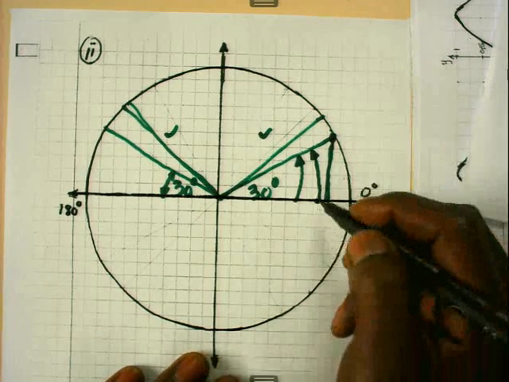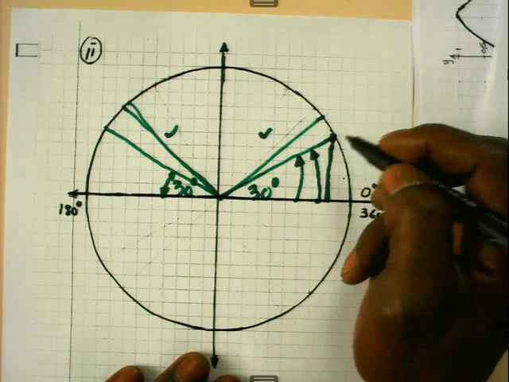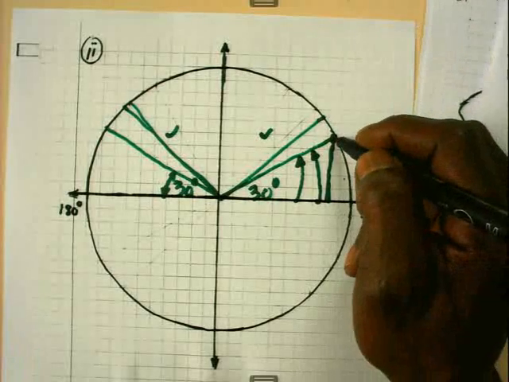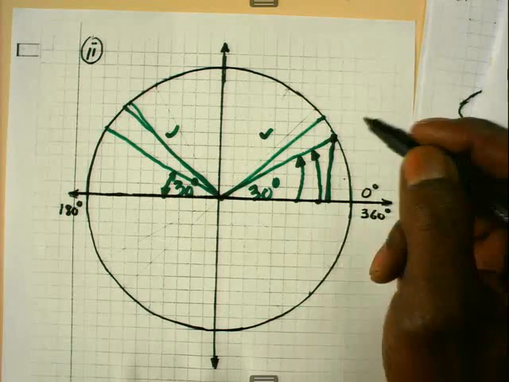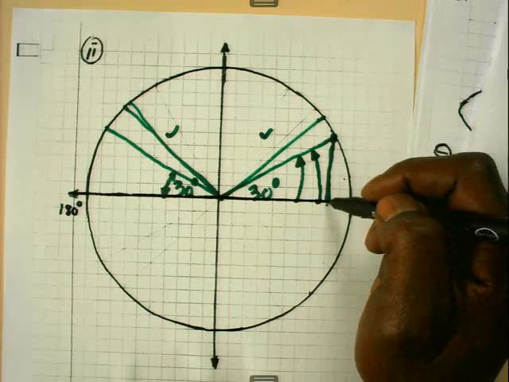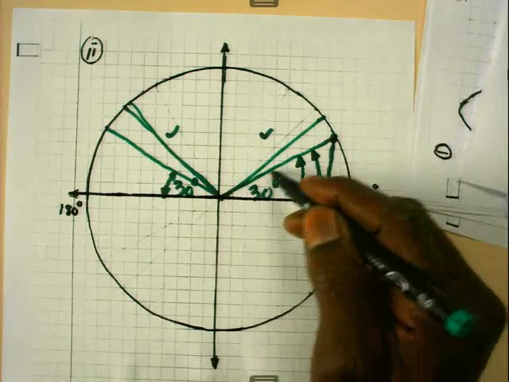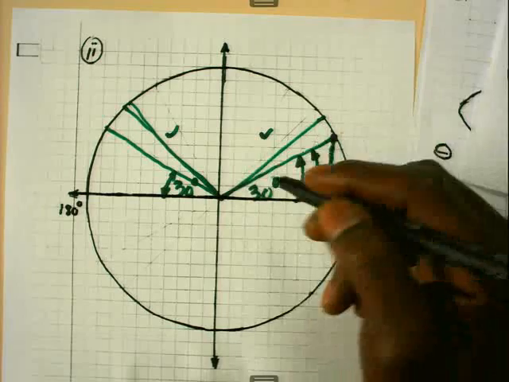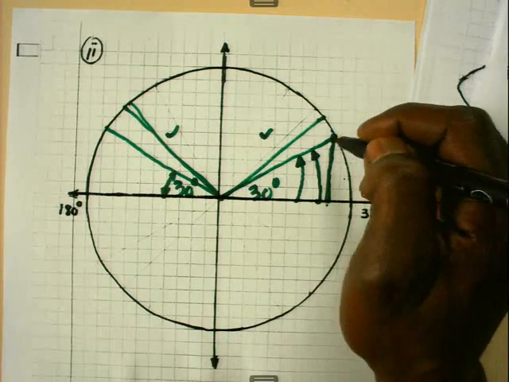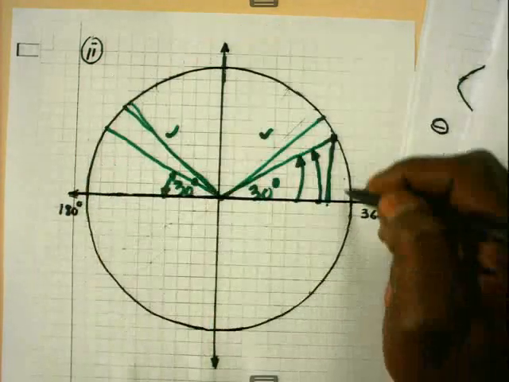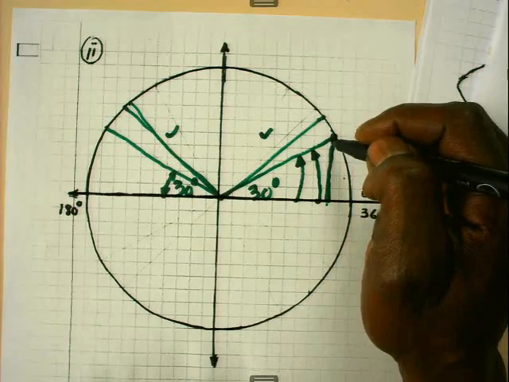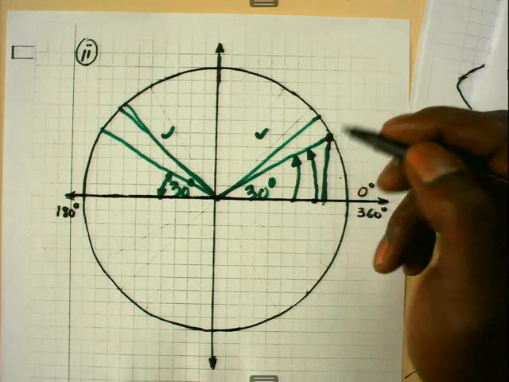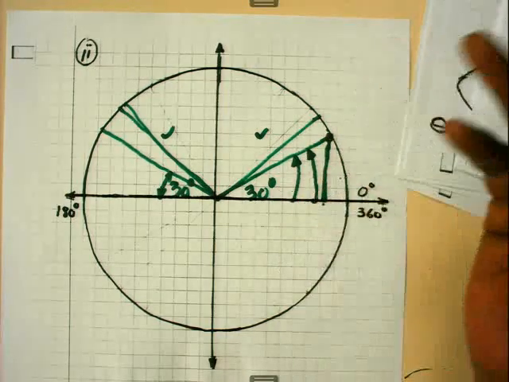I've rotated from here to there, that is 30 degrees. I rotate one revolution, I'll be there again, where the ratio is still this opposite side over hypotenuse. Now, if I read the whole angle that I've rotated, it was 30 degrees plus 360 degrees. That gives me 390 degrees.